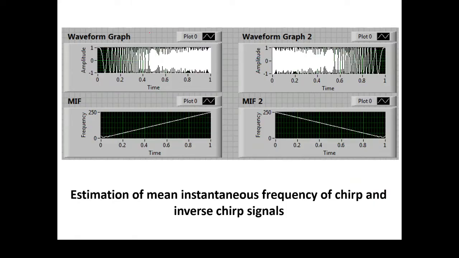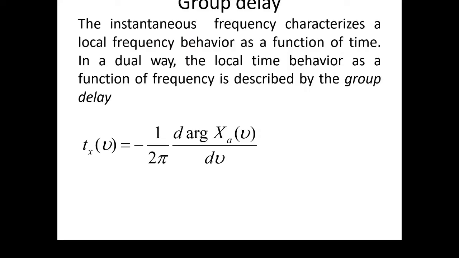If you see the graph again, the sharp and inverse sharp. If you have the time and the mean instantaneous frequency, you get this kind of plot. From here you can say that as the time is increasing, your frequency is increasing, and in the second case, as the time is increasing, your frequency is decreasing, which matches their original curves or waveforms, right?